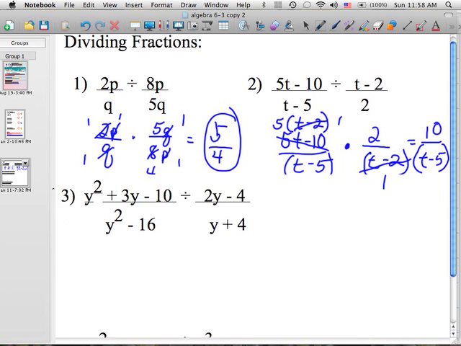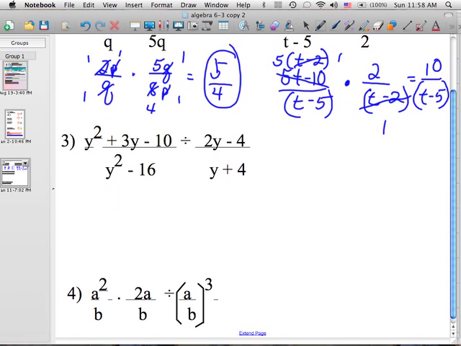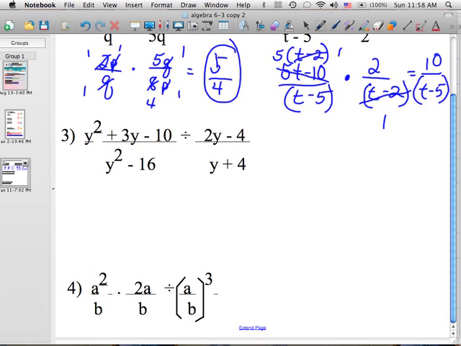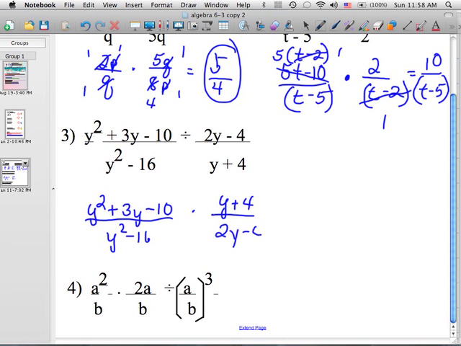And the next to last, we have some trinomials and binomials. So we're going to change it to multiplication, y squared plus 3y minus 10 over y squared minus 16 times y plus 4 over 2y minus 4.